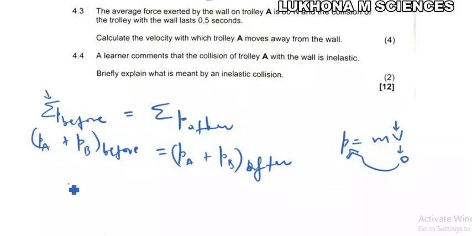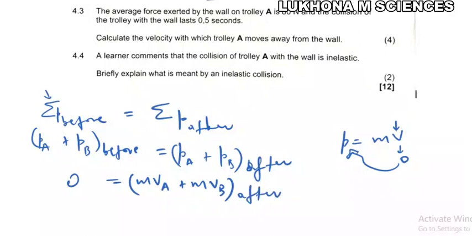Before, the momentum was equal to 0, then we have mv of A plus mv of B after they are released.